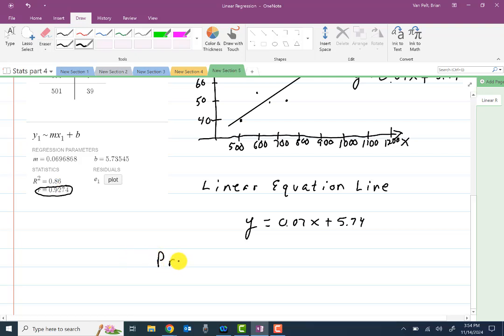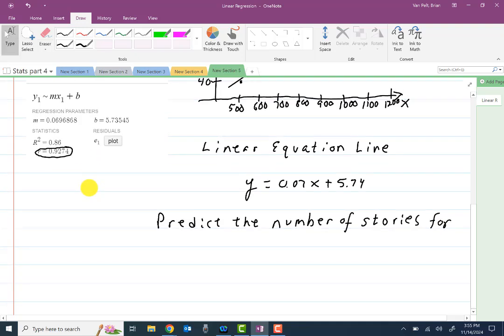Predict the height. I already said the wrong thing. Let's try this again. Predict the number of stories for a building that is 1,200 feet tall.